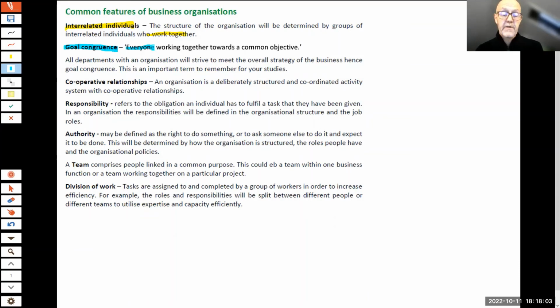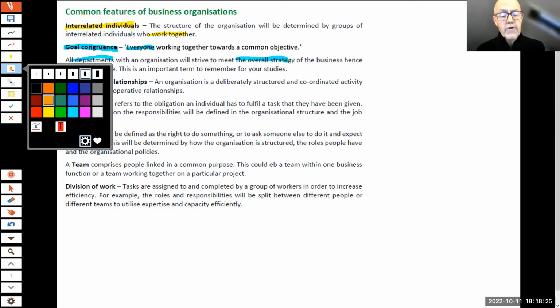So all departments, fair enough, you would expect all the departments to work towards overall strategy, because the people there are led by people who hopefully are well informed as to what the business is trying to do. So goal congruence, everybody has the same aim in mind.